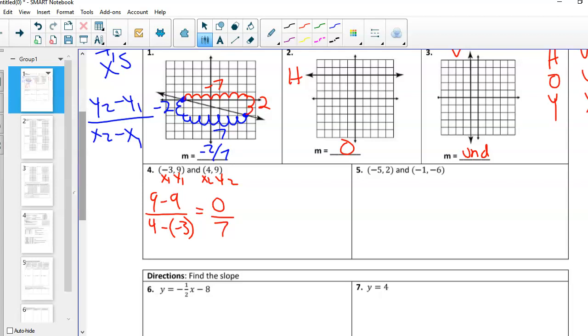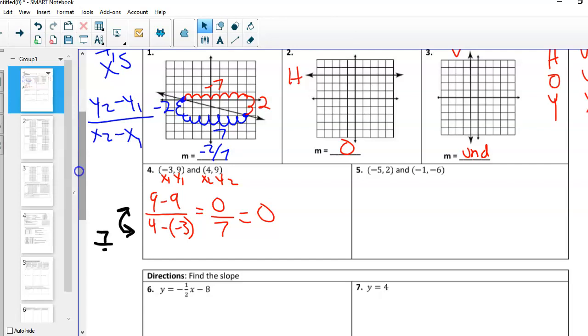What is the slope actually? 0. What if it was the opposite? What if the 9s were in the denominator? It would be undefined, which means it would switch. Anytime you have a number over 0, that's going to be undefined. So if you get something like this or something like this, I expect the answer to be 0 or undefined.